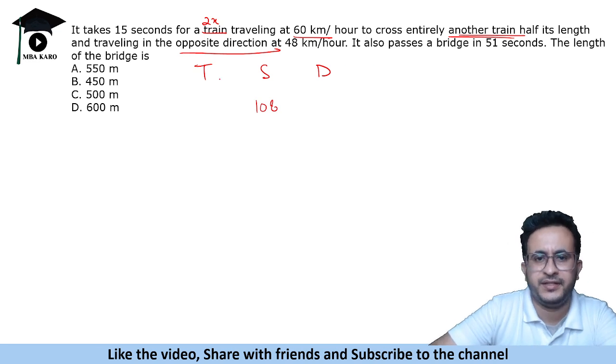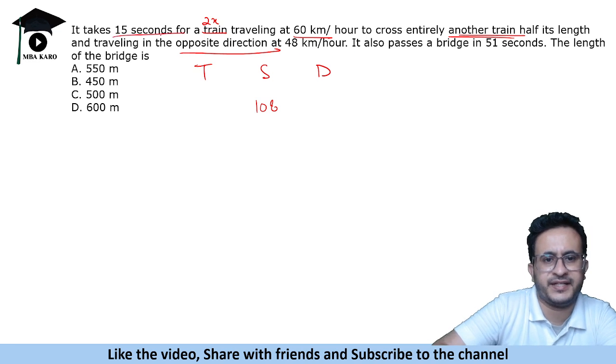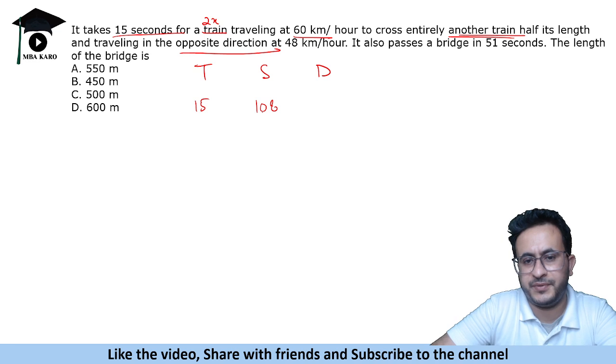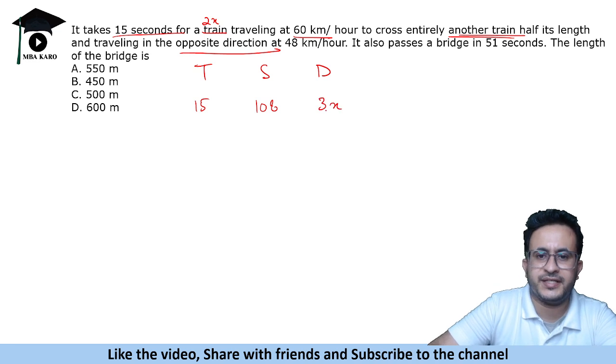We are given the time, it takes 15 seconds. So time is 15 seconds, speed is 108, and the distance is 3x.